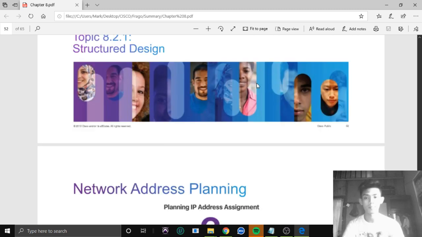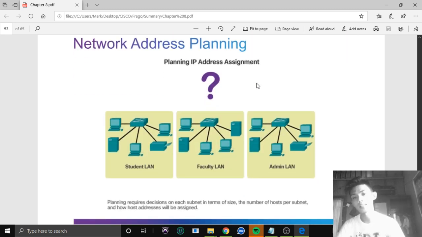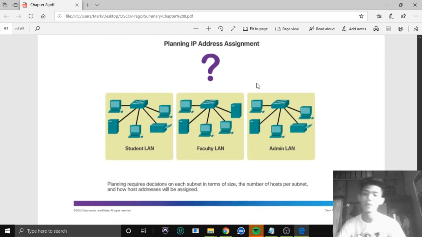Structured design, network address planning. Planning IP address assignment: we have the student LAN, faculty LAN, and admin LAN. Planning requires a decision on each subnet in terms of size, the number of hosts per subnet, and how host addresses will be assigned.